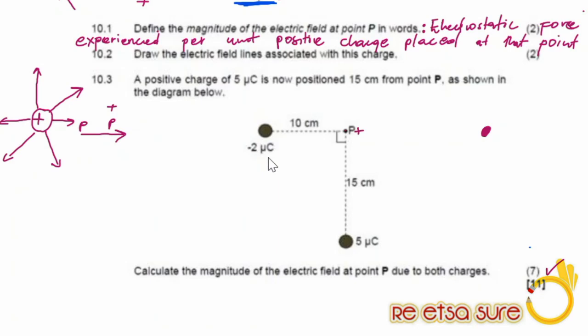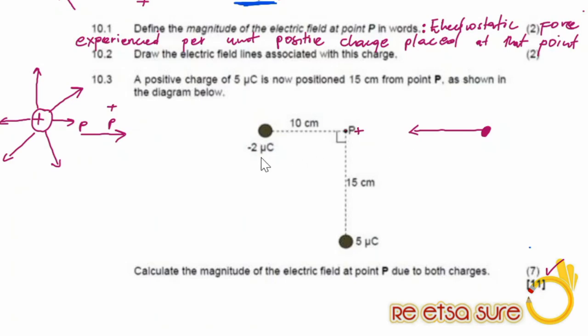Negative 2 microcoulomb, is it going to attract P or is it going to push P away from itself? Yes, it's obvious that it's going to pull P towards itself, because between the two we have a force of attraction, or the electric field in this situation has to be to the left. Are we together?